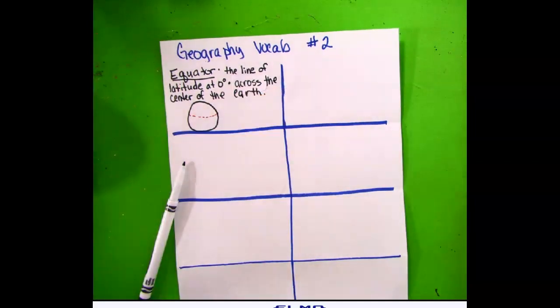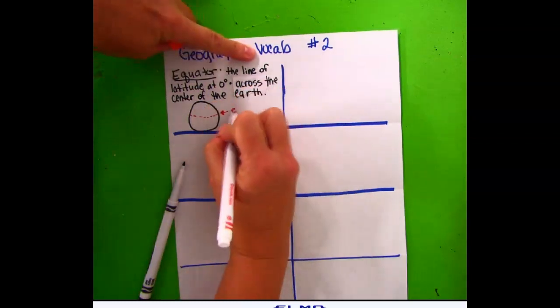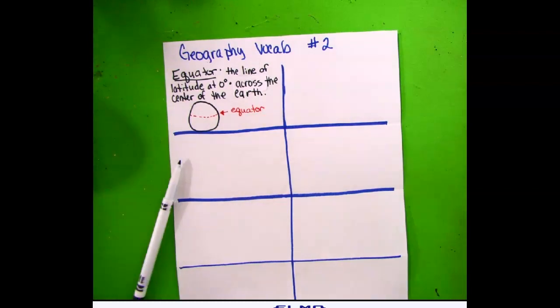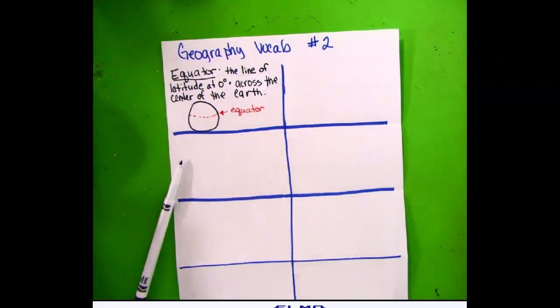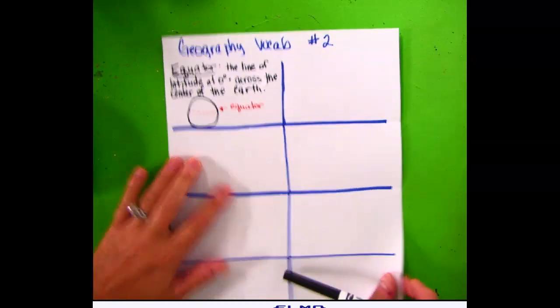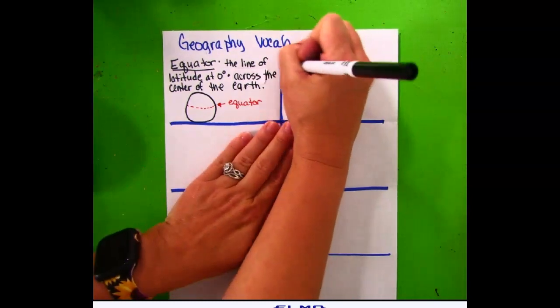That is the equator. That is our equator. The lines, and I know we wrote this down the other day, but we're going to go ahead and write this down again because it is kind of important.